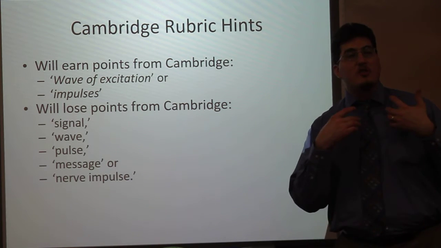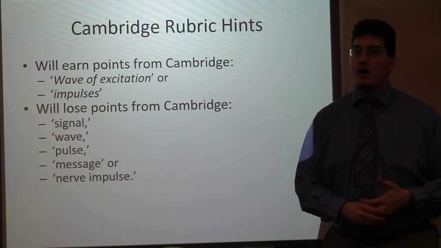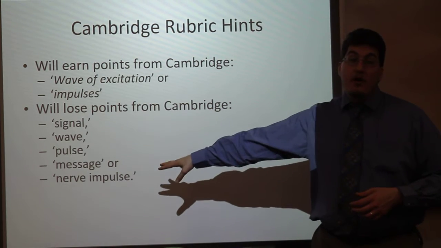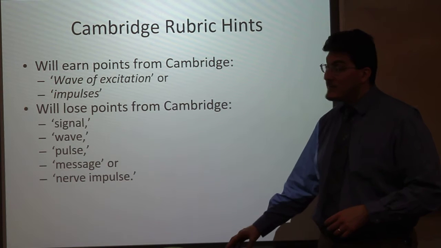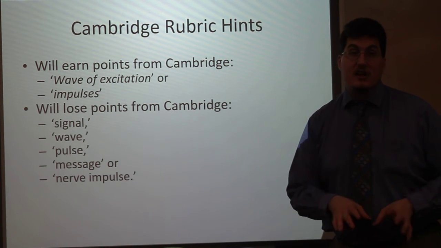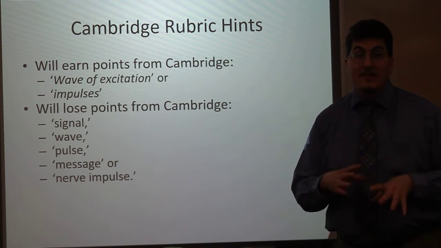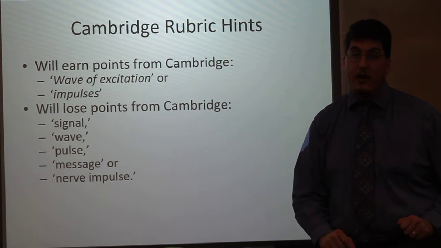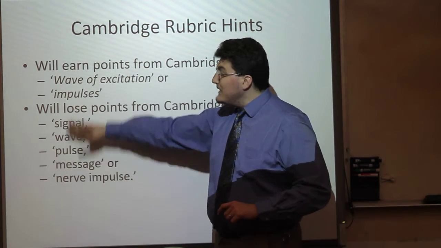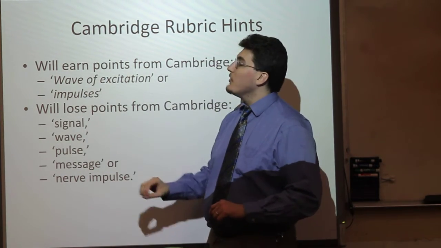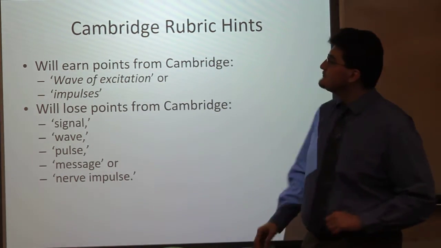All these things are specifically cited as being wrong. Nerve impulse is especially wrong because there are no nerves, as we stated. It is a myogenic contraction. It is coming from the muscle itself with no nerves involved. So all of these words are imprecise; we want these more precise words.